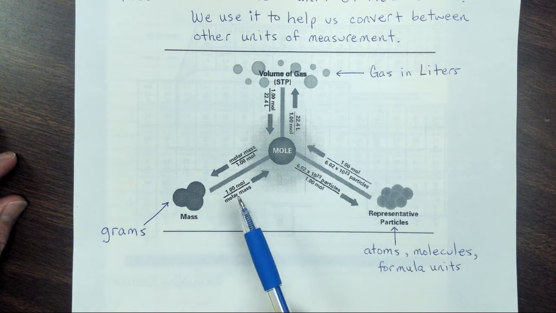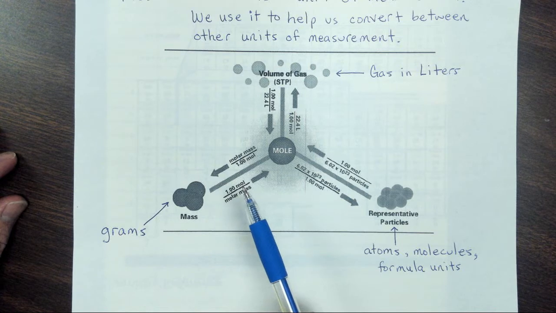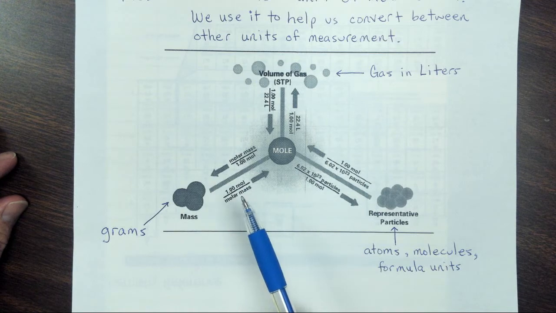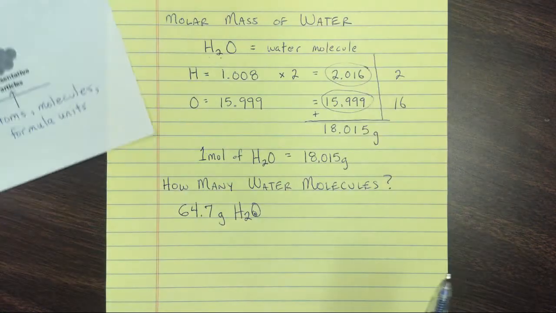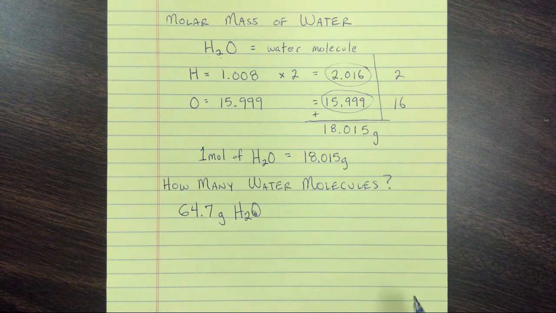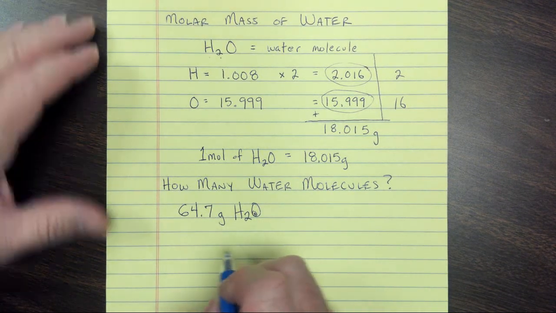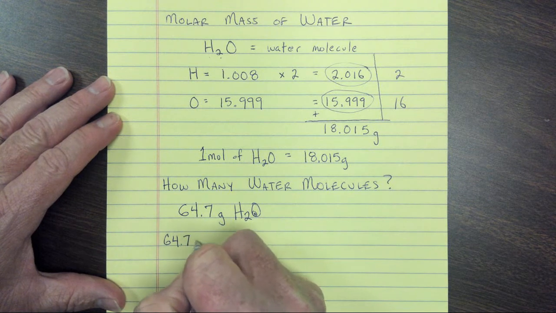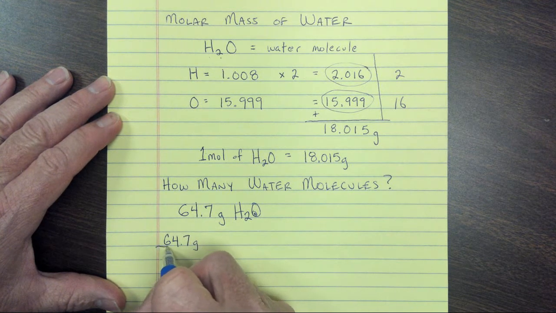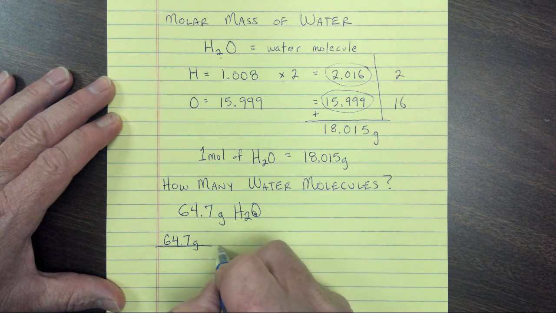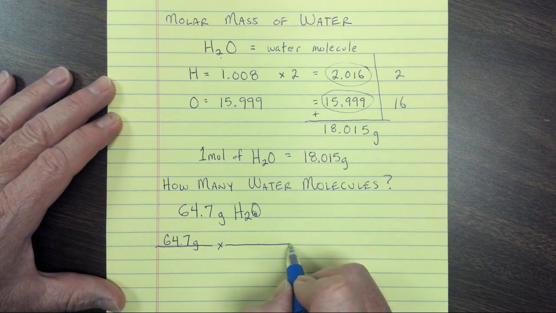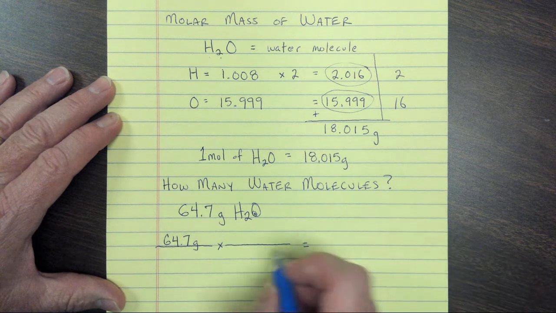Well, here's a conversion factor. 1 mole of water molecules is equal to the molar mass. So let's do that part first. Check this out. I could say 64.7 grams times that conversion factor I just got.